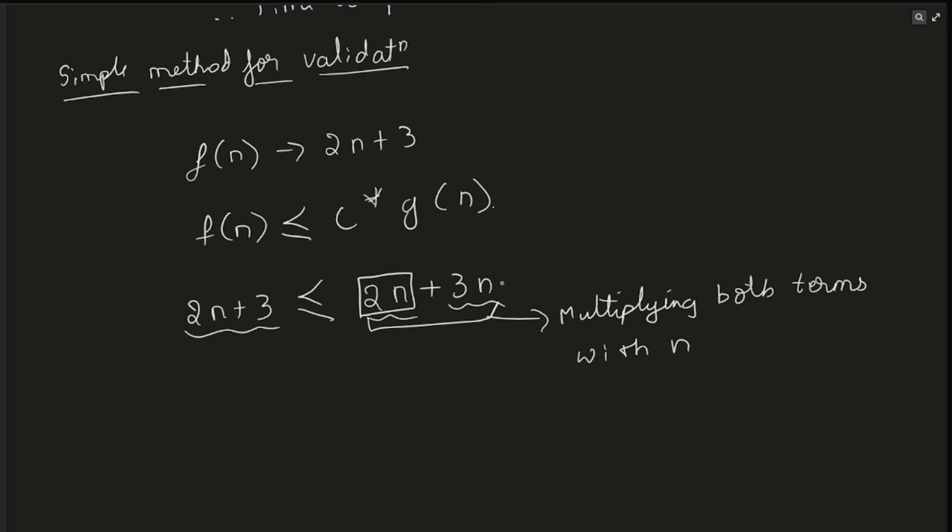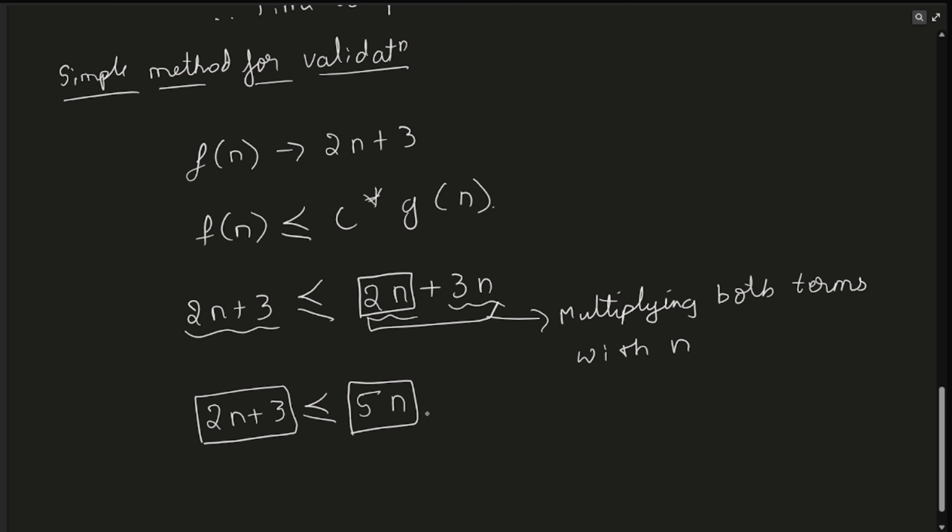We are just adding n to 3. After adding them, we'll get 5n. And we know this 5n will always be greater than 2n plus 3 for all n greater than or equal to 1. And this condition holds true for the big O definition. That's the simple method.